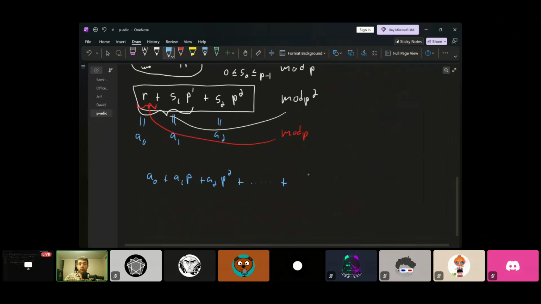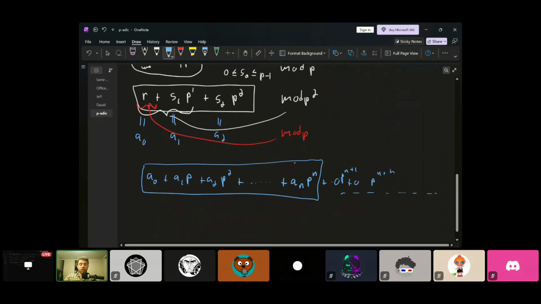Now, if it is going to yield you an honest-to-God integer at the end of the day, then you should expect that there exists some n after which all of the coefficients you choose will be 0, the coefficients of the higher powers. Then you would get an honest-to-God integer, and that finite part would be a solution mod p to the e for all e.